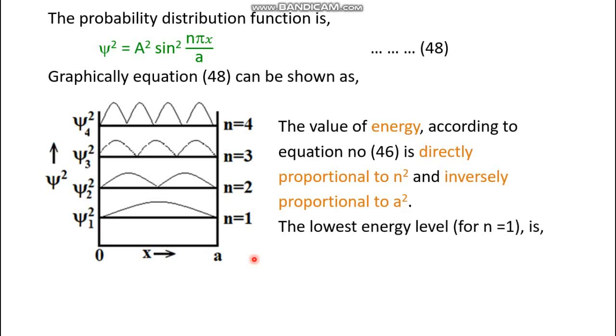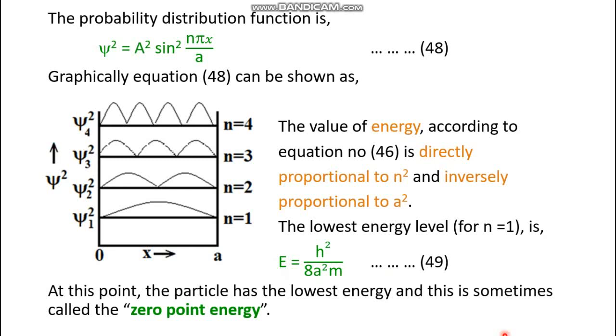The lowest energy, by putting n equals 1 in equation 46, gives E1 equals h squared by 8 a squared m. For simplification we simply write it as E instead of E1, and this is equation number 49. This energy is known as the zero point energy, the lowest energy of a particle in a one-dimensional box.